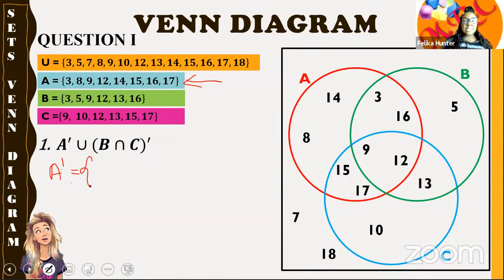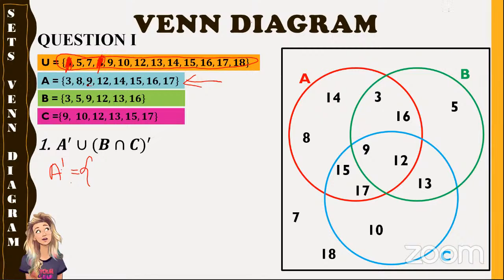Tell me the things that you see here that you don't see inside of A. So you're looking at the universal set, the main set, everything, all the elements, and you're looking for what you see in the main set that is not in A. So you look and you see 3, so you know that 3 is not a part of the A complement set. You look and you see 8, so you take out 8.